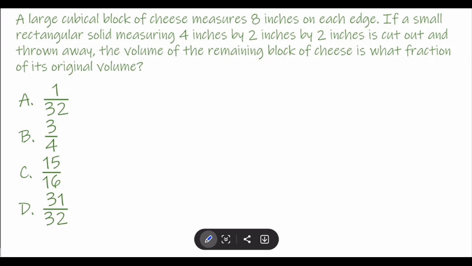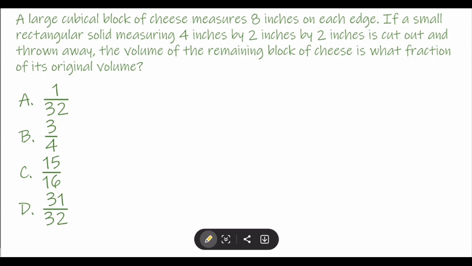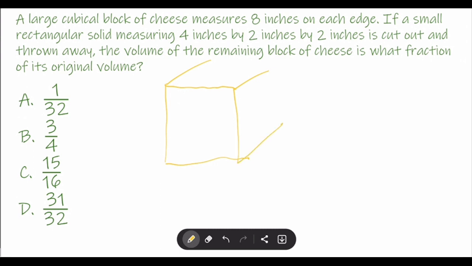So let us illustrate this first. This is a cheese, so we'll use a color close to cheese. It says that it's a cube, so every edge has the same length.